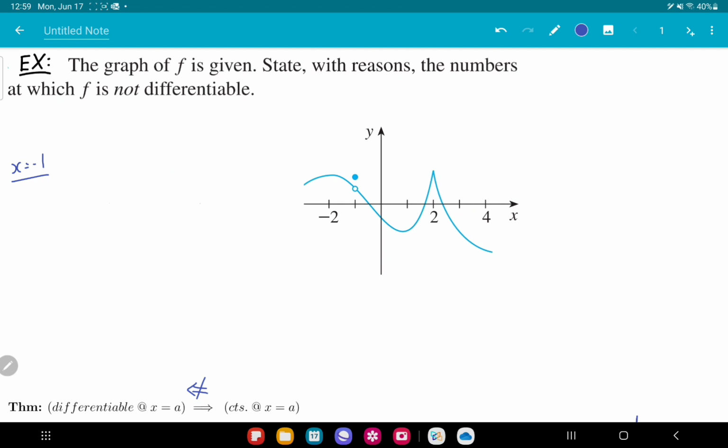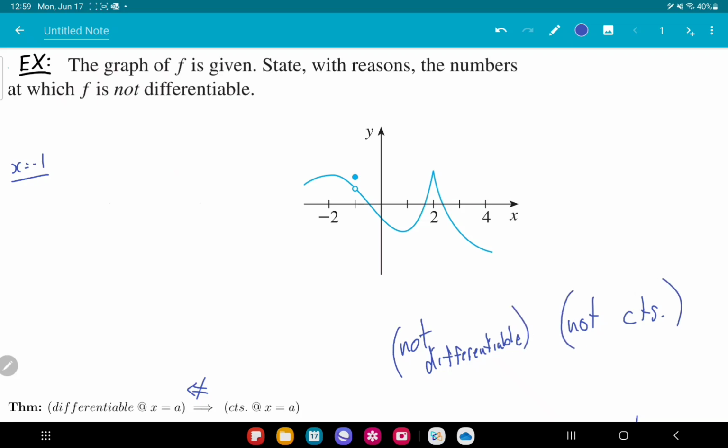Okay, so if I take this guy here and I reverse it, if I say not continuous, and over here I say not differentiable, got these two statements here.